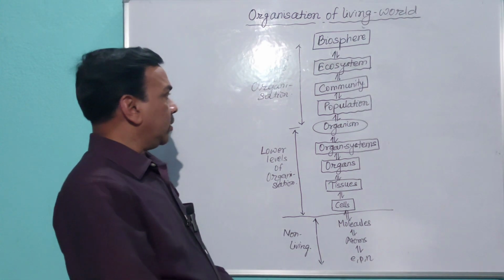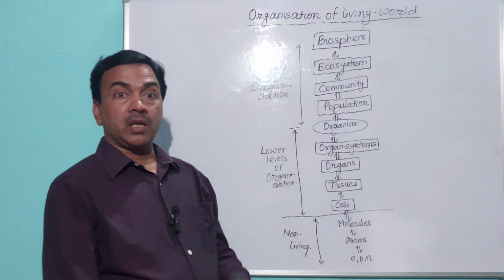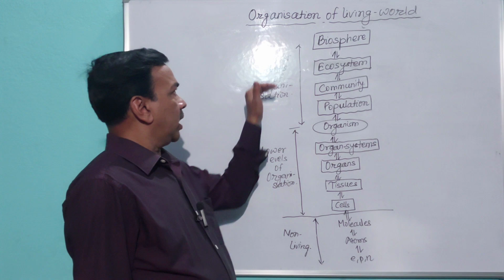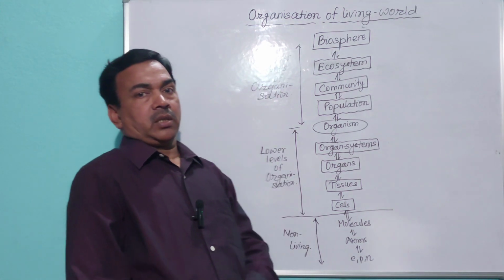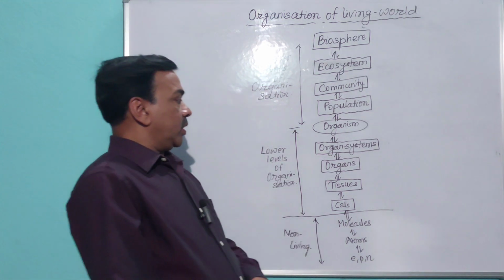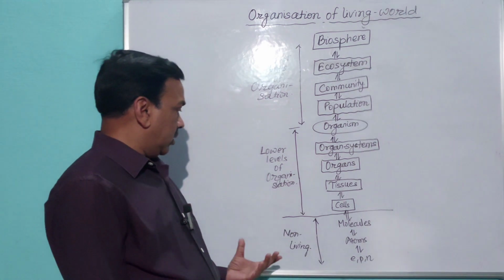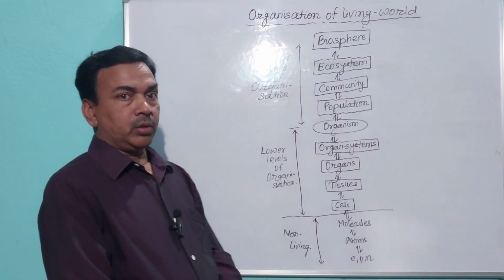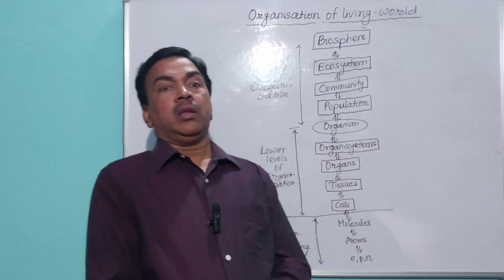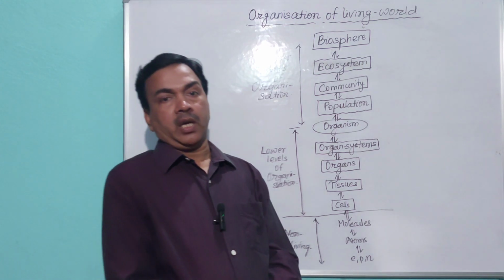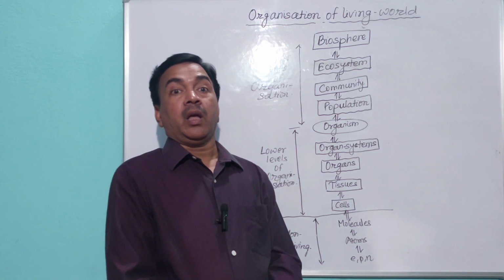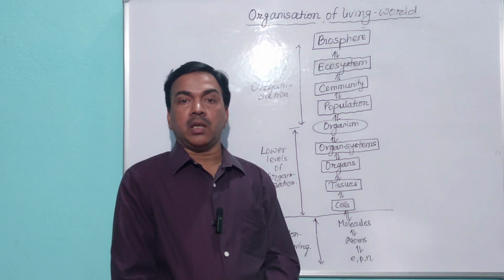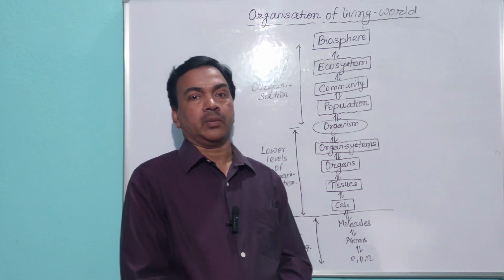The living level of organization is also divided into two groups: lower level of organization and higher levels of organization. So we will first start with non-living levels of organization. We know that all the matter is made up of atoms, and atoms are made up of subatomic particles: electron, proton and neutron.